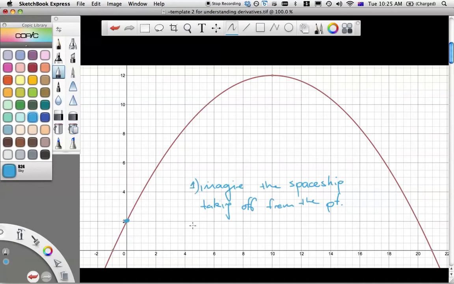It's taking off from the point, and it's got to be in line with the graph. So we're imagining the spaceship taking off from the point that we care about, and that point is the point that we want the derivative of.